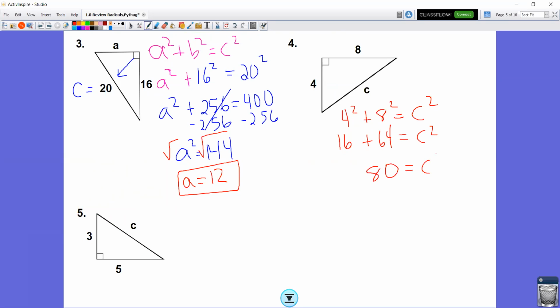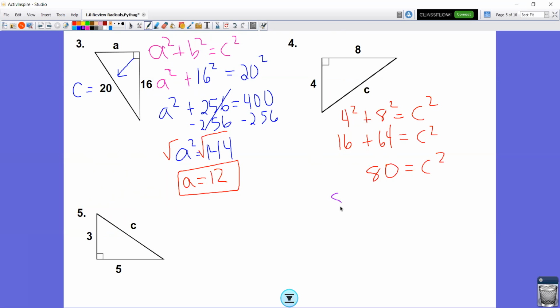80 equals C squared. Now, here's the problem. 80 is not a perfect square. But I'm pretty sure we just found out what the square root of 80 was in example number 5. If you don't have that as a reference from the first slide, we can go ahead and do prime factorization, or we can try to divide by perfect squares.